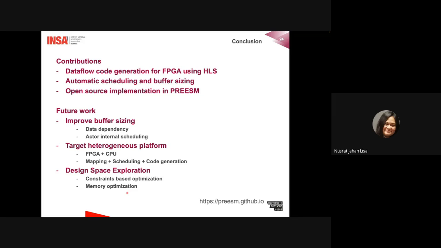You can use this UltraRAM so that you can use more memory, more buffer size. And UltraRAM is a little bit faster than BRAM. So that's why I was asking which FPGA you are considering.